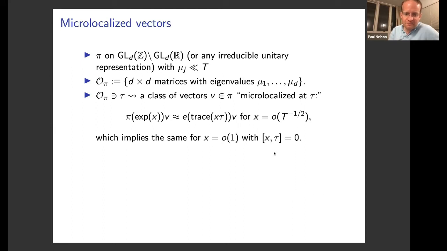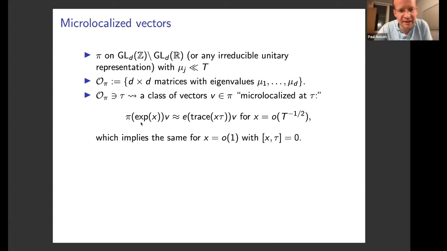It says that, in fact, elements are quite a bit bigger than what I've written here. So Lie algebra elements of size little o of 1, so almost in some fixed region, provided they centralize this matrix tau, one will also have this approximate eigenvector relation.